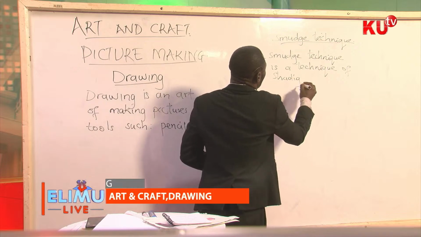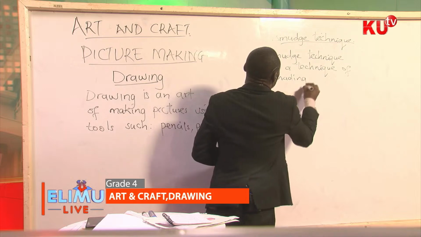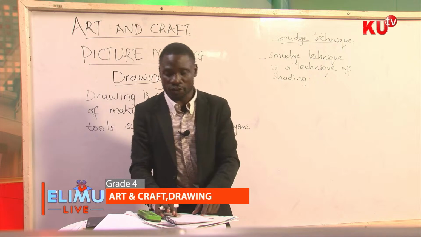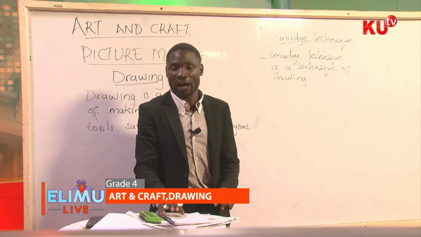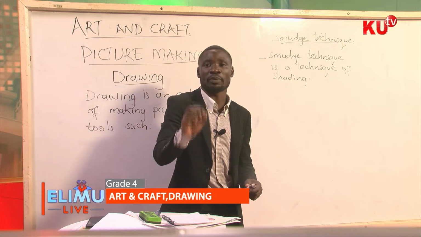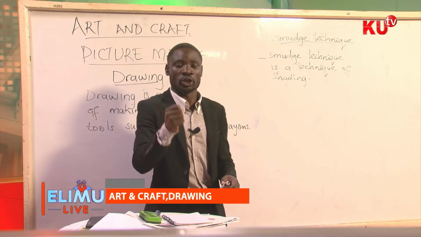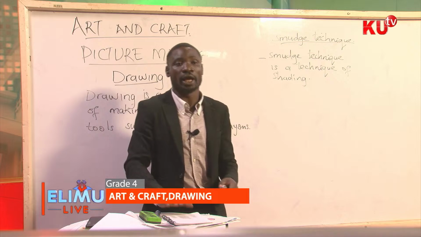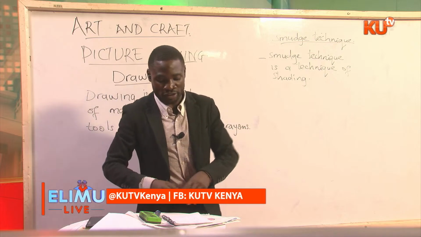Smudge technique is a technique of shading, creating pictures by shading. Shading is first done on a piece of paper or any surface. Then after that you use a soft paper like tissue paper or a piece of cloth to smear or to spread the shading that you have done on a surface.